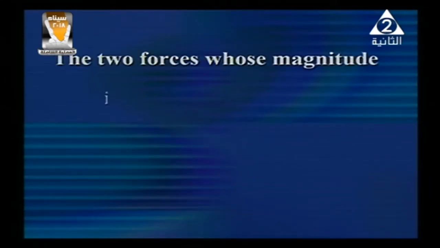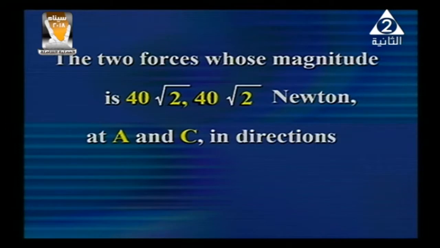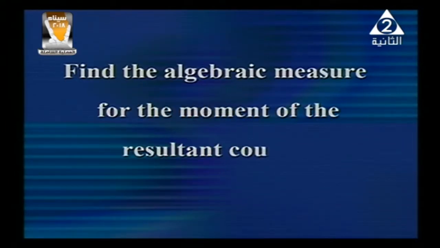The two forces whose magnitude 40 root 2, 40 root 2 Newtons at A and C act in the direction of DB ray, BD ray, respectively. Find the algebraic measure for the moment of the resultant couple.